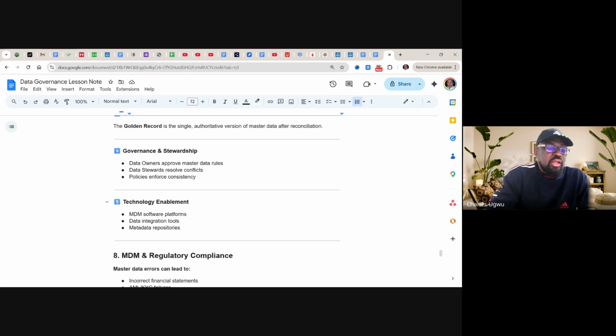Then technology enablement. You must decide softwares. When you're deciding which softwares to use, look at the company and the type of data we are using.